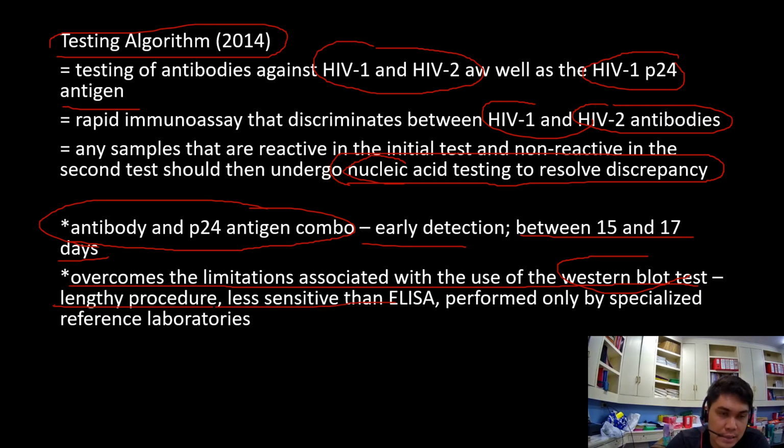It is less sensitive than ELISA and performed only by specialized reference laboratories. But regarding nucleic acid testing, tertiary laboratories can perform it. Western blot is usually performed in reference laboratories, and it's less sensitive than ELISA, and it has a lengthy procedure.